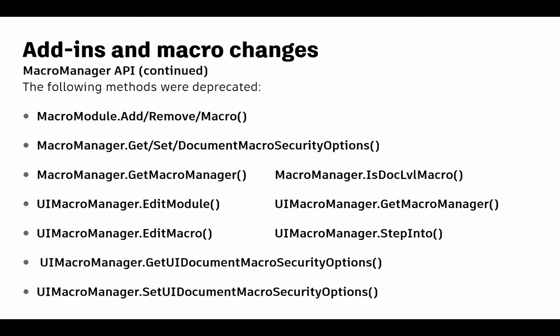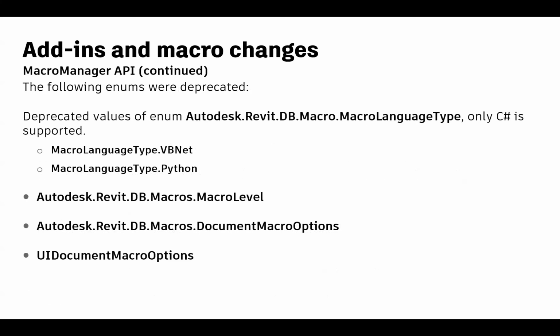The following methods were also deprecated in this version of Revit. There are deprecated methods to add and remove macros, get and set document macro security options, and others, all of them listed here for your reference. The following enums were deprecated as well.